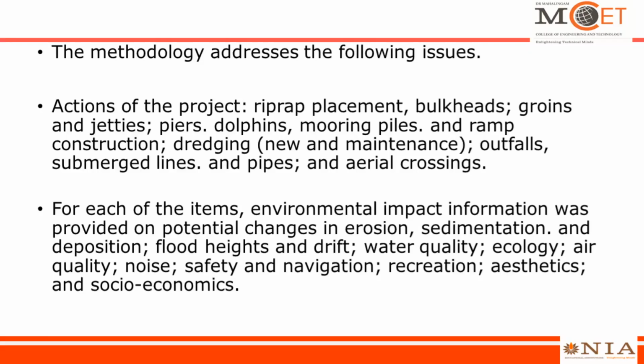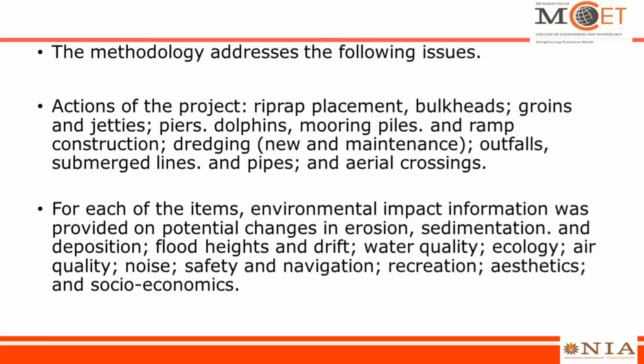We're not going into the explanation of each one of them, because it's a specialized area. Our focus here is to explain the descriptive checklist and not all the parameters and factors involved in the construction project of a harbor. These are some of the actions. So what you do is you list out all the actions of the project.